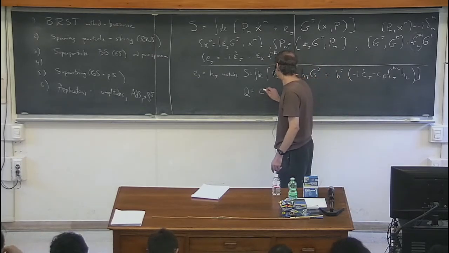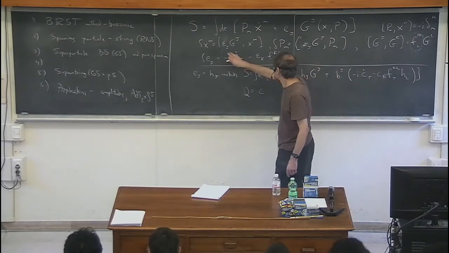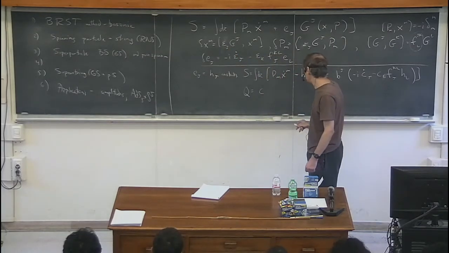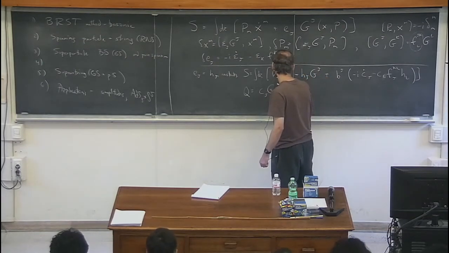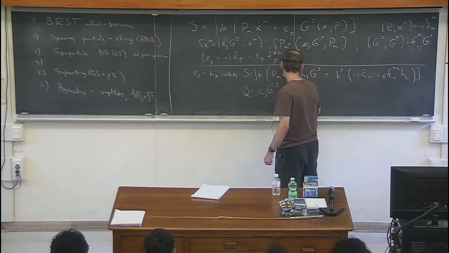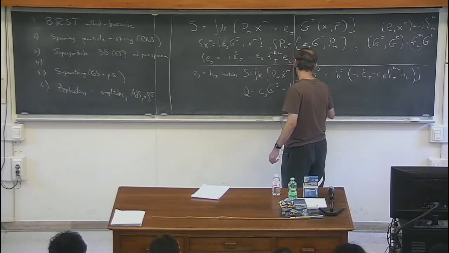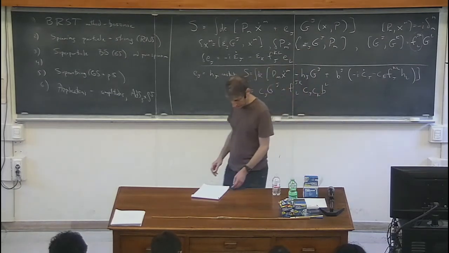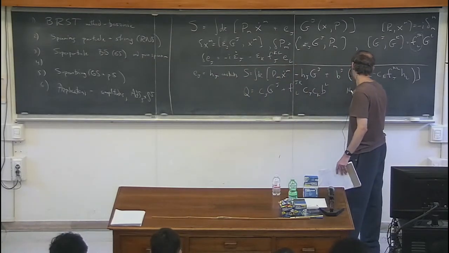So if you do these transformations and replace by epsilon c, these are the usual BRST transformations, and you find that the BRST operator is just Cj Gj plus more terms. Again, I'm not being careful with normal ordering, and of course when you do the complete quantum theory you need to be careful. Okay, so this is the Noether charge for the global symmetry.